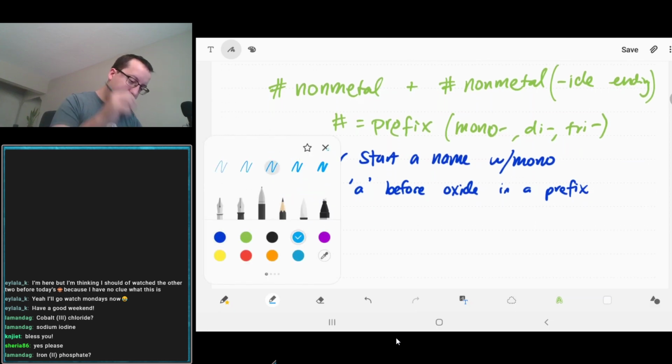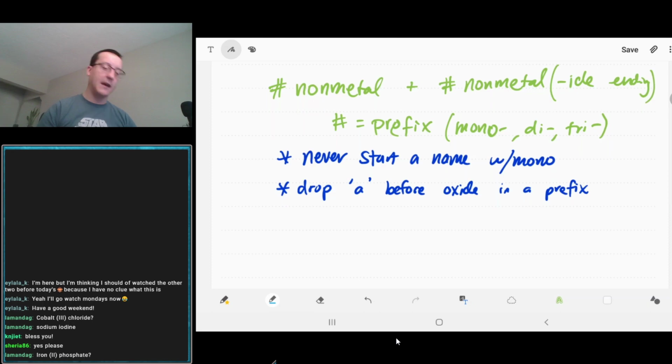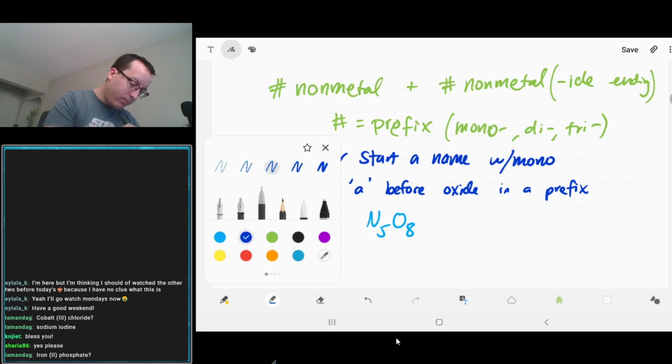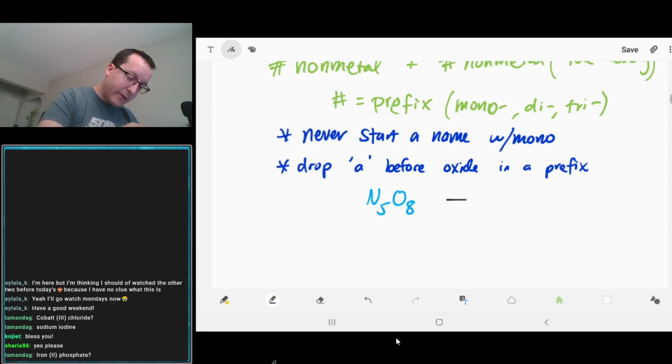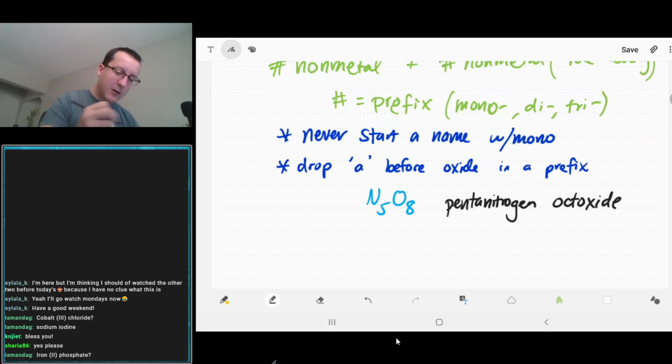So that means something like, I'm just making up this thing, we would call this pentanitrogen octoxide. We don't say octaoxide. We drop the A before oxide if there's a prefix.